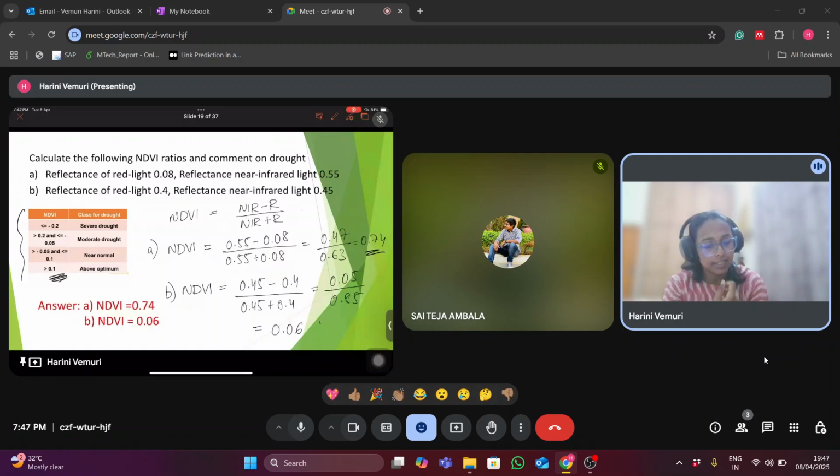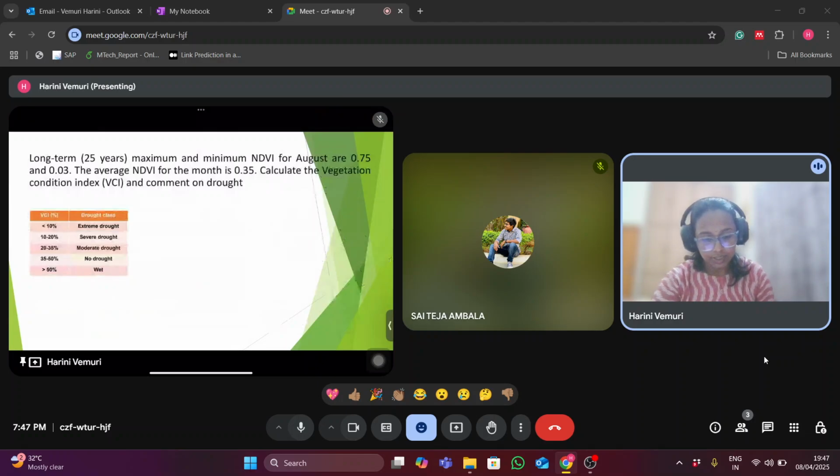That means there is above optimal condition, no drought. But in the second case, NDVI is equal to 0.06. That means it lies between minus 0.05 and 0.1. That means there is near normal condition. That is, normal condition is the case in the second one.